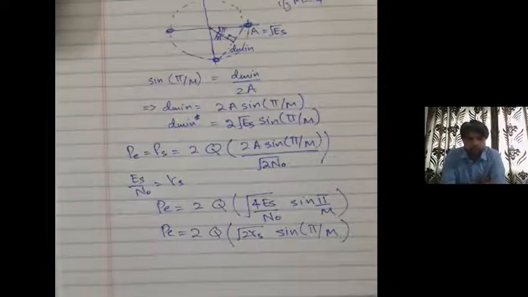So we would stop here, and in the next video we would see what would be the symbol error probability for quadrature amplitude modulation, and we would restrict ourselves to square constellations.